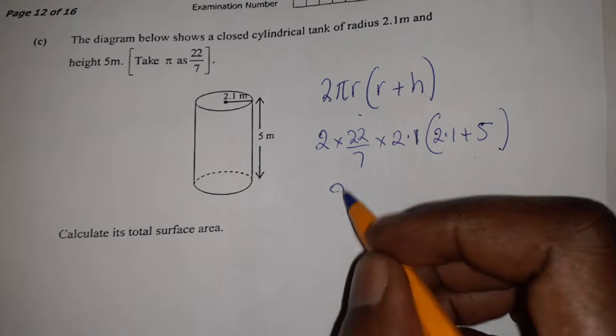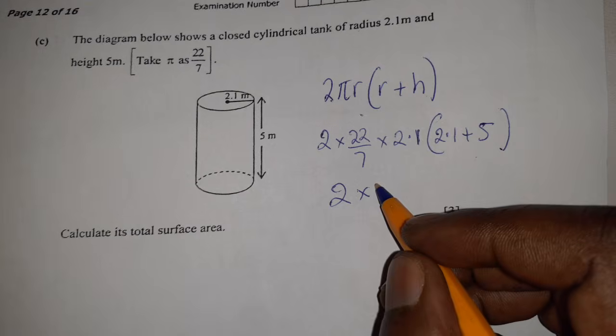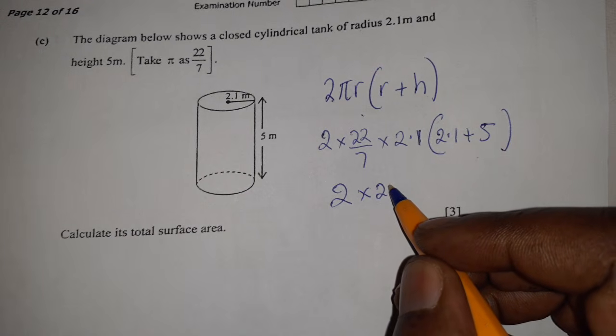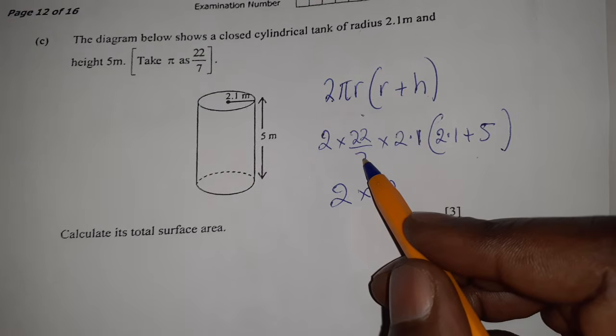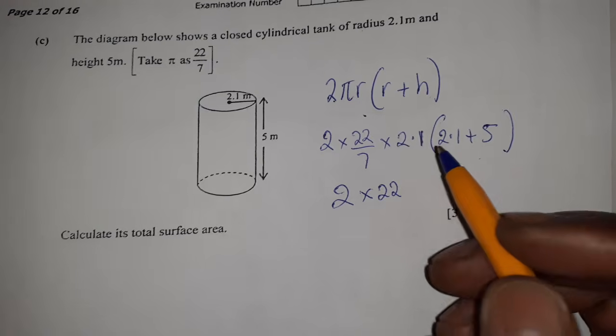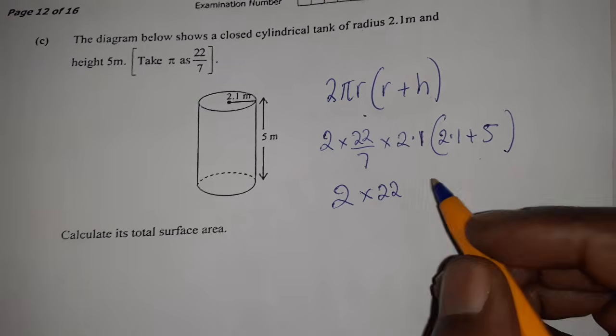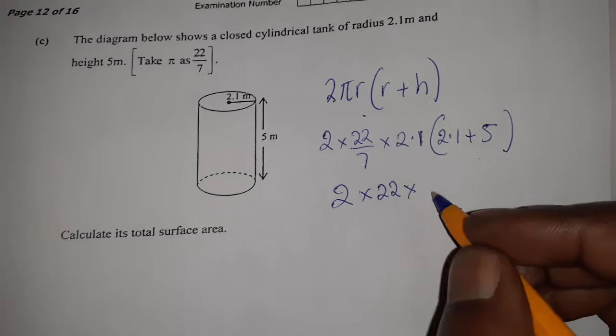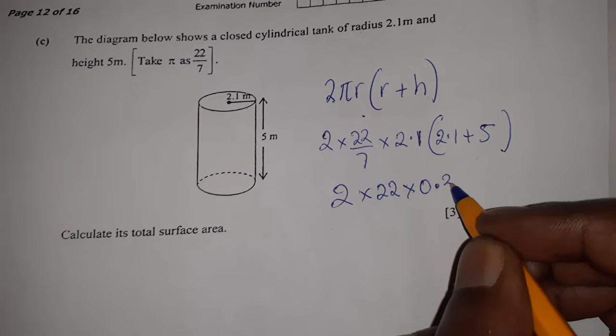So then we can say 2 multiplied by 22 over 7, and then 7 into 2.1. 7 into 2.1, it will be 0.3.